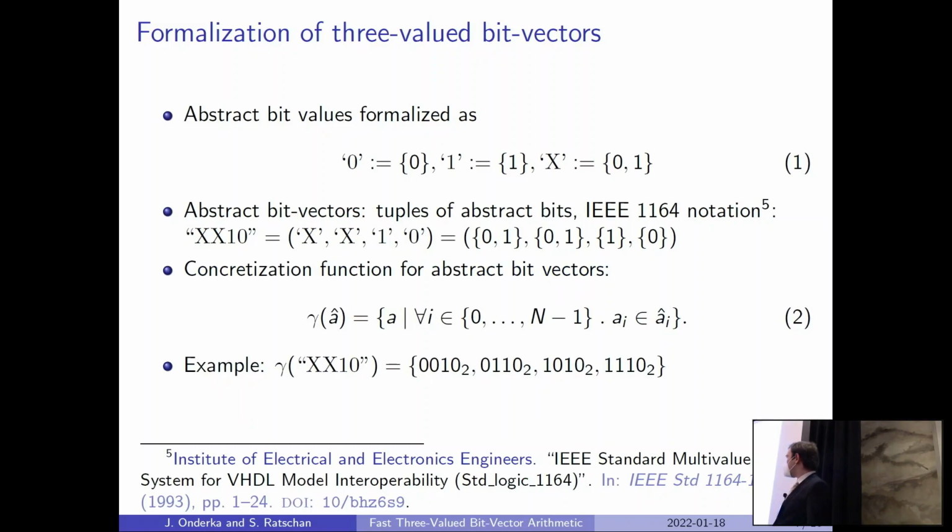We will also define a concretization function for abstract bit vectors, which gives us all the concrete bit vectors contained in the abstract bit vector. So for example, if we have x10, then this gives us these 4 concretizations we can see.